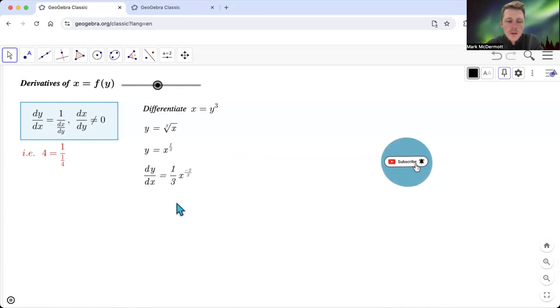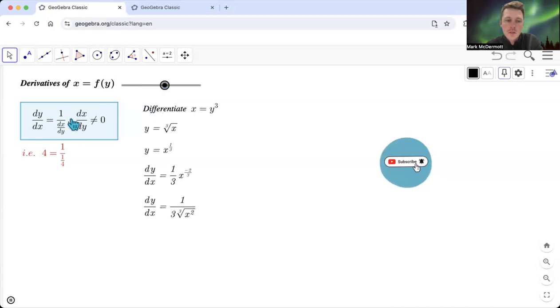We bring 1/3 down the front, leave the x there, and reduce the power by 1, which gives us negative 2/3. If we write it back as a surd, we get 1 over 3 multiplied by the cube root of x squared. So that is what dy/dx would be.